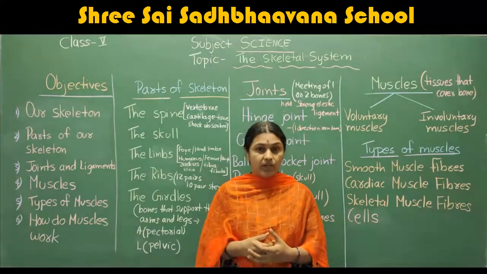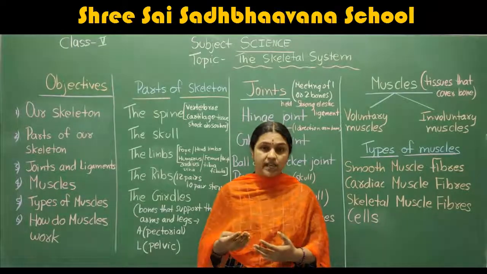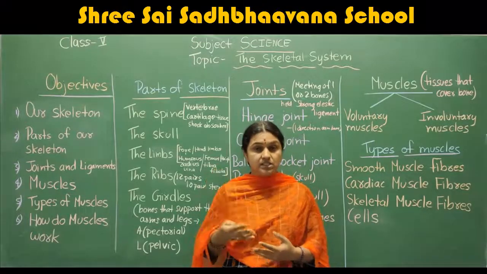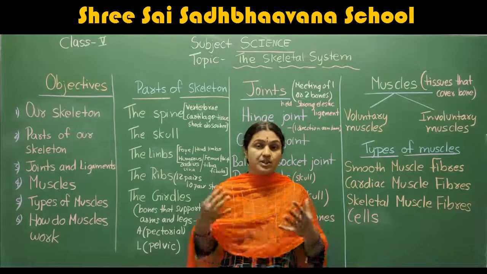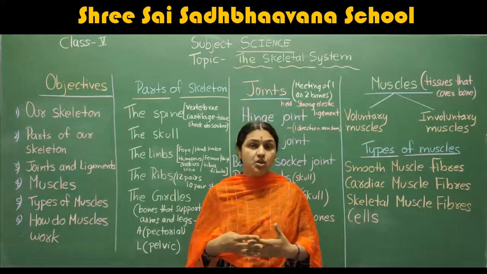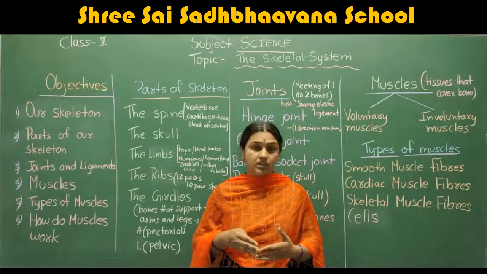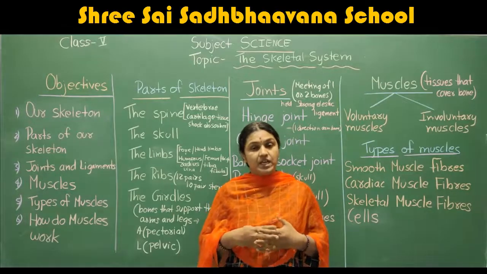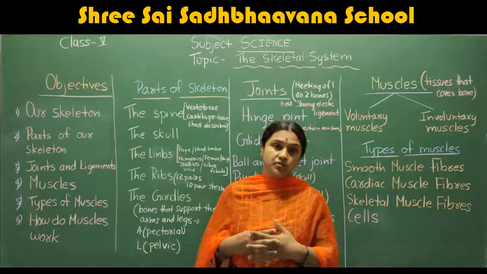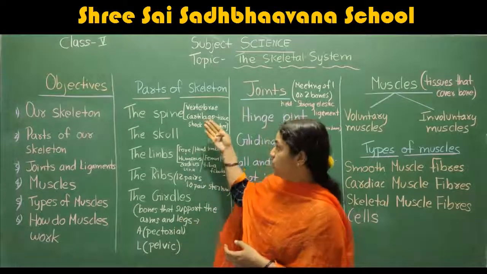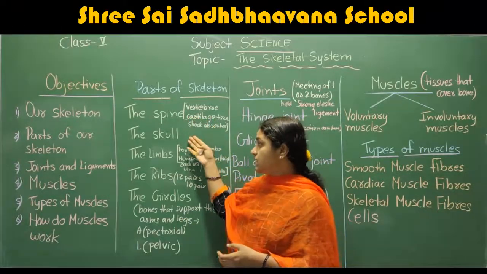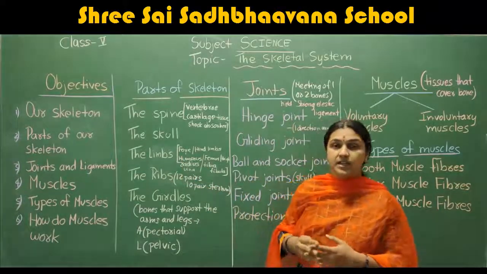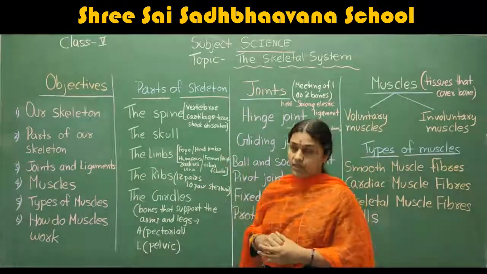They also protect the sense organs like the eye, the nose, the tongue and the ear. So the skeleton system protects the internal organs and their functioning. Right? Now let's understand the parts of the skeleton system, which are the spine, the skull, the limbs, the ribs and the girdles. Let's understand them one by one.